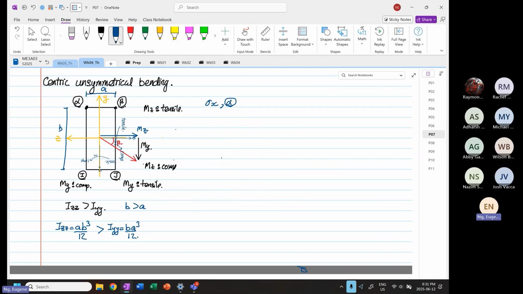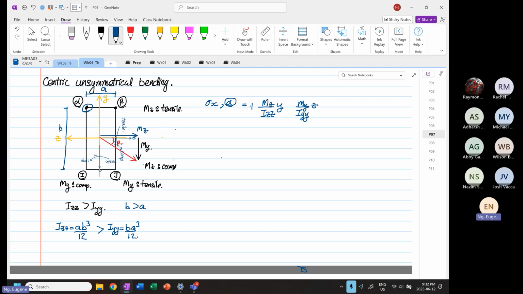So we know that this is equal to MZ over IZZ multiplied by Y, and MY over IYY multiplied by Z. So at point alpha, MZ is going to be what?